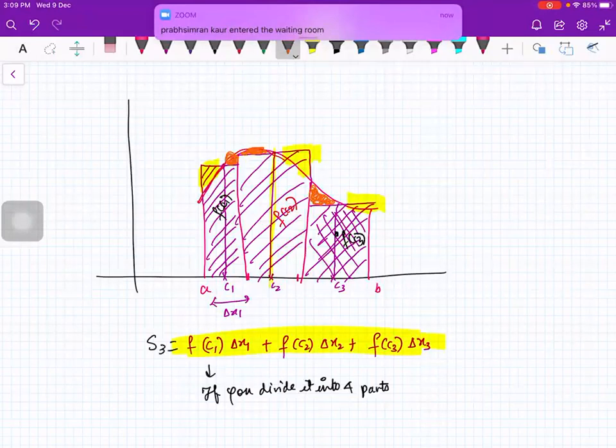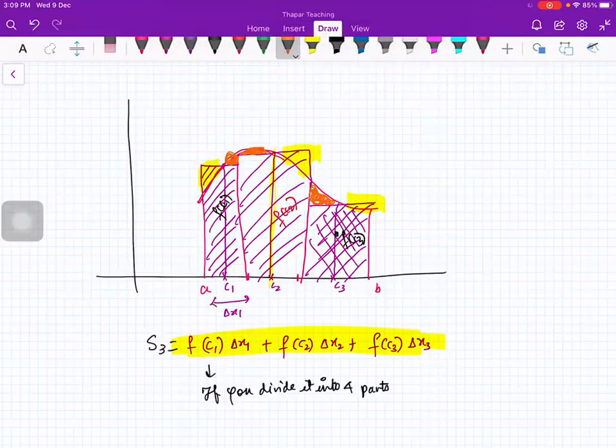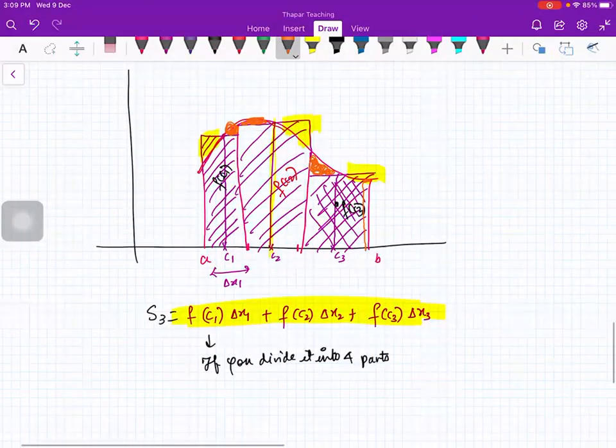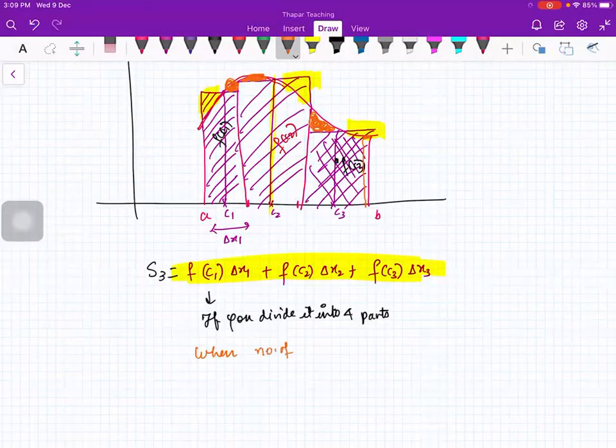Yes ma'am. Now you keep on increasing your number of parts. When you keep on increasing your number of parts, this will be very small, so almost equal to the value of your function. So when the number of parts goes to infinity, then it becomes the area under the curve.